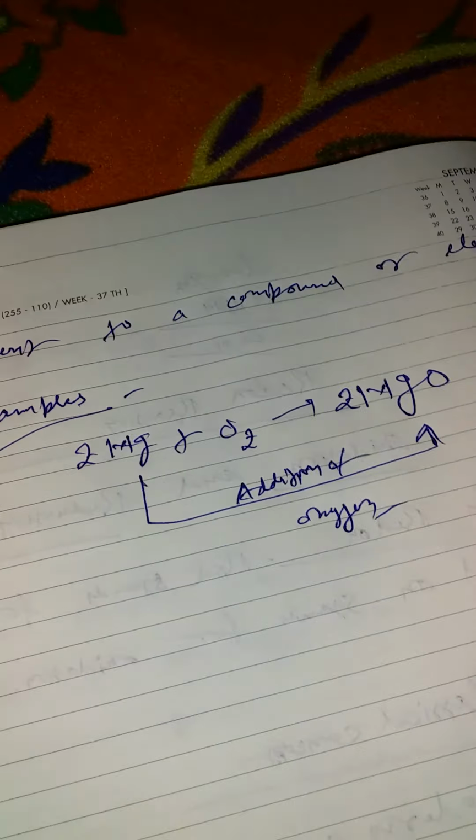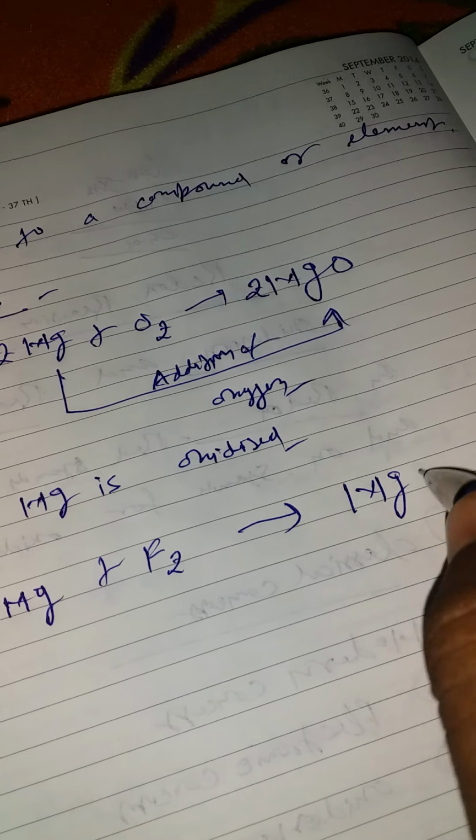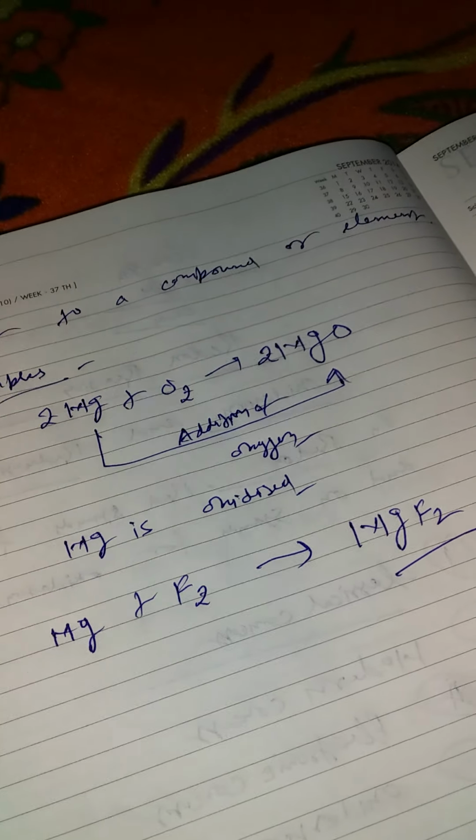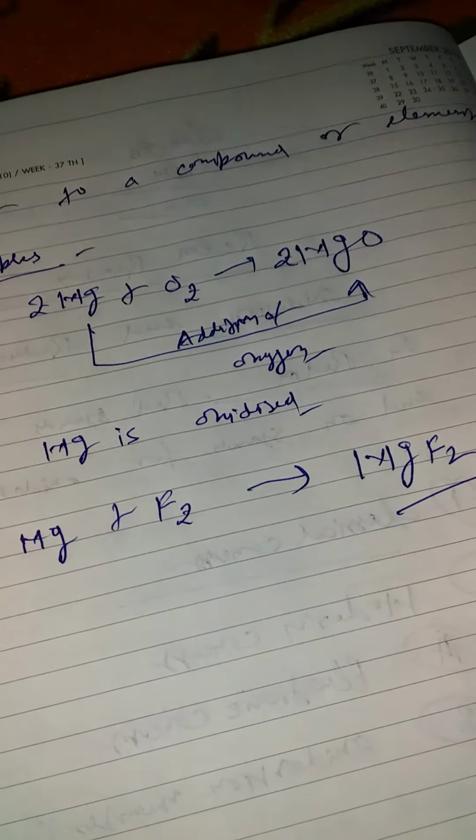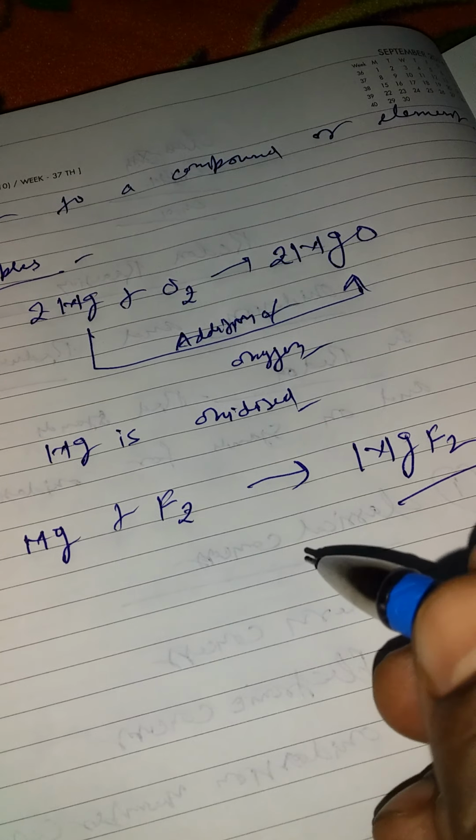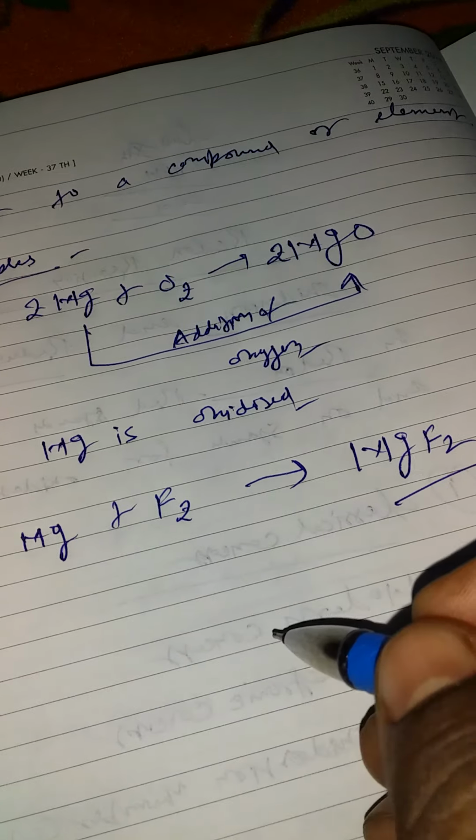Second one, Mg plus F2 forms MgF2, magnesium fluoride. Here oxygen is not present.